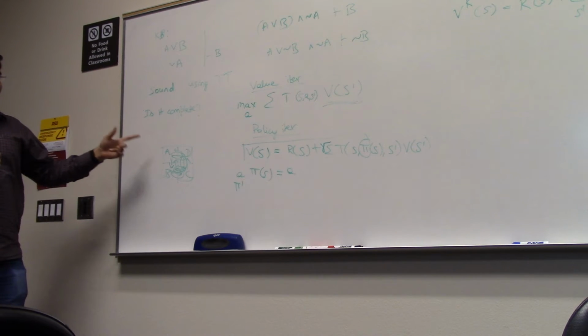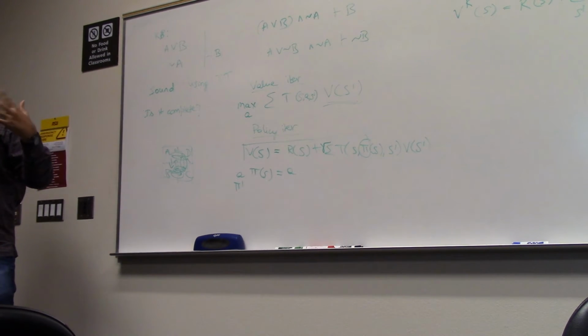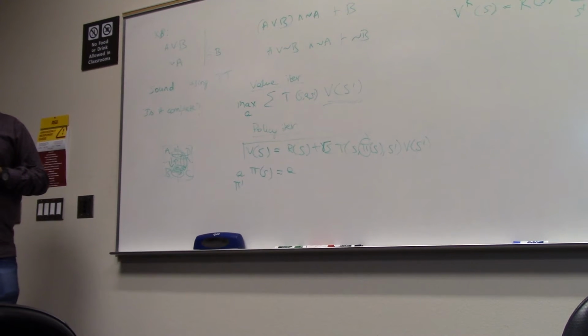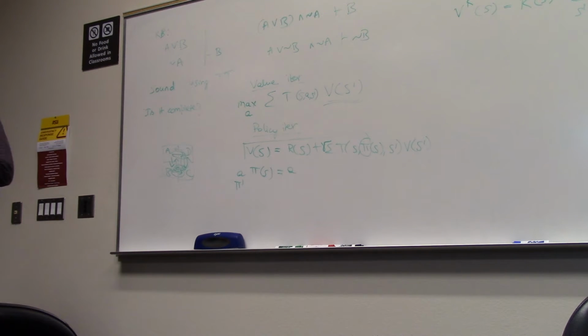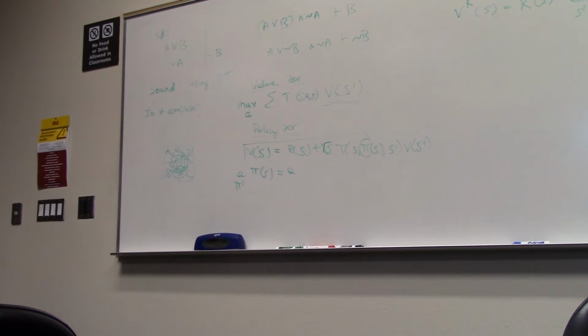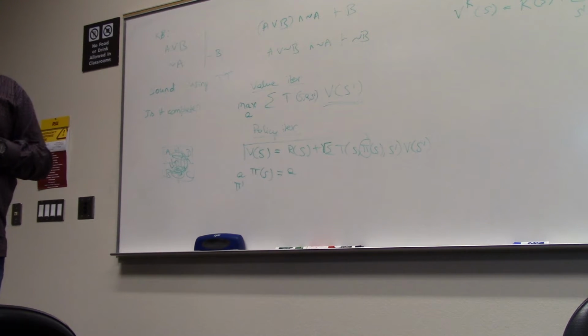So these are neatly worked out in that MDP recitation video if you want further details. So MDPs give policies, right? Yeah, policies. Okay. For each state, what is the action?